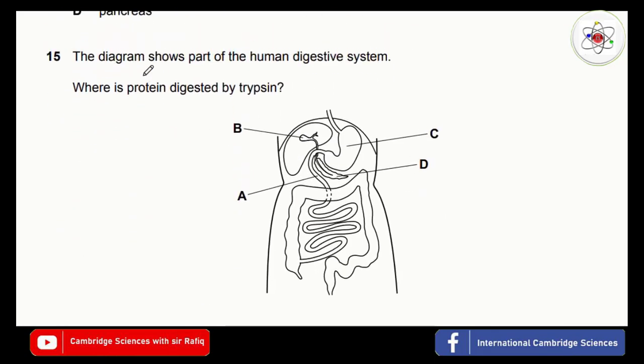Question number 15, the diagram shows part of the human digestive system. Where is protein digested by trypsin? Trypsin is an enzyme present in the small intestine. So look at the options. Which option is indicating the small intestine?